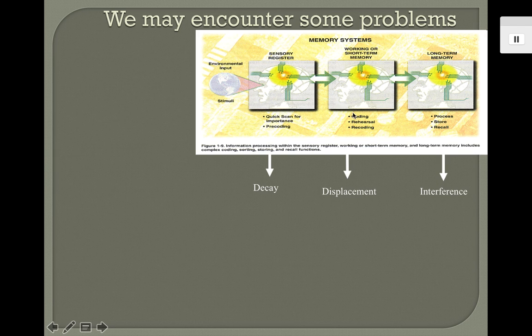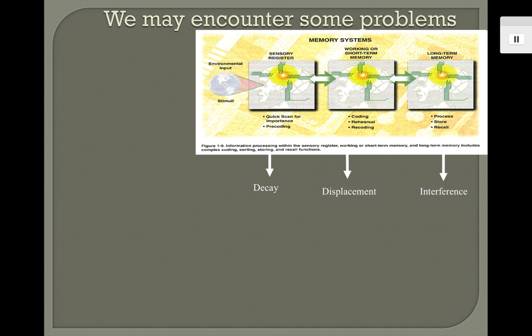At the working memory and short-term memory stage, hopefully what I should be doing is really rehearsing that information with my phonological loop, making sure that I encode the correct information or potentially recode once I take information back out. That's why I have the backwards arrow pointing from long-term to short-term. And then once we put information into long-term memory, hopefully we should process, store, and recall information.